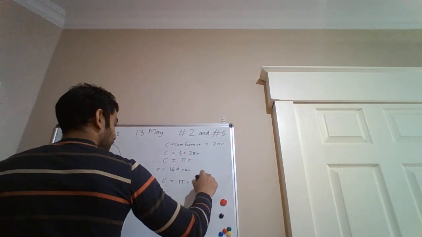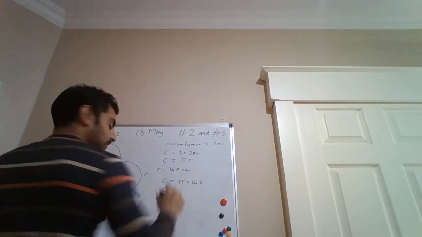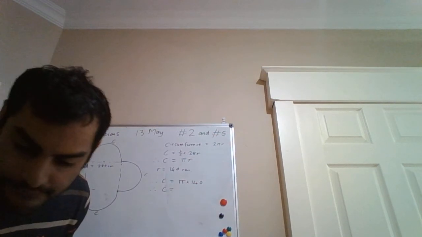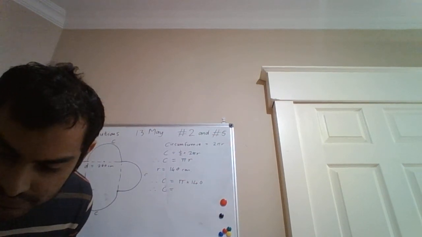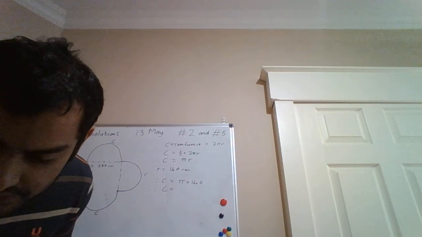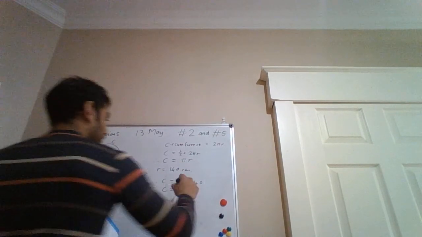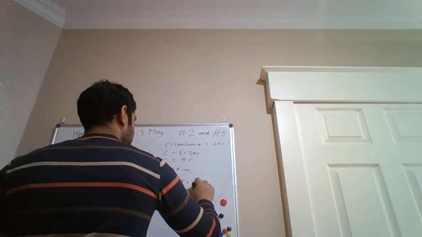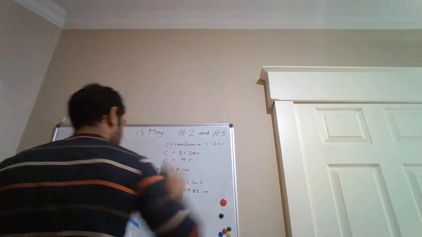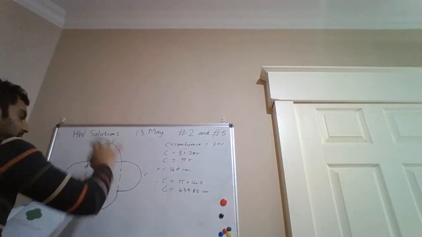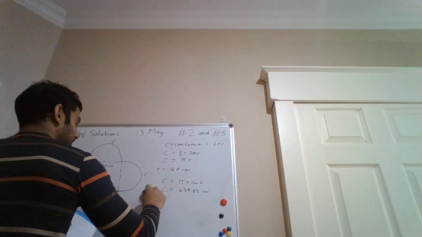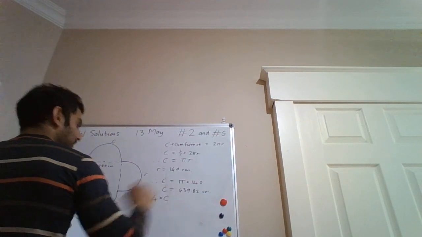5 times 140, I get 439.82. Okay, so we're not done yet. The perimeter comprises 4 of these curves.